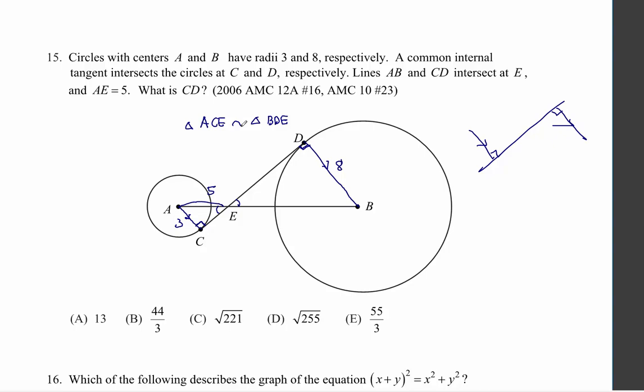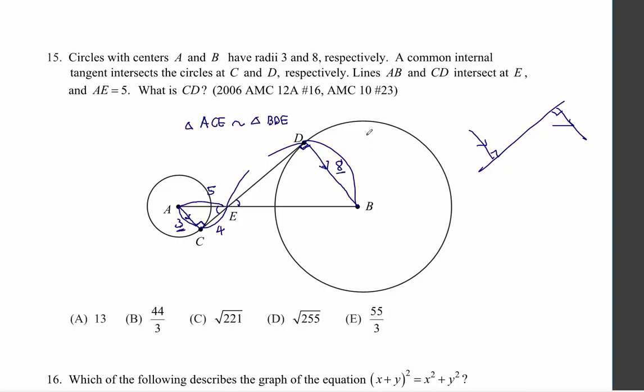To find the length of CD, just find these two lengths. This is 3, 5, so this one should be 4, right? Right triangle triple, 3, 4, 5. But this is 3, this is 8. Corresponding side is what? 3 to 8, or the other one is still 3 to 8. So this always corresponds to 8 over 3 times, okay?